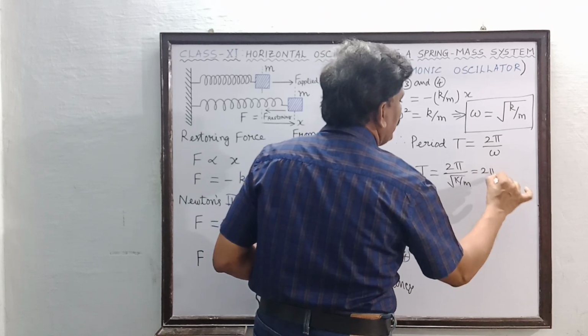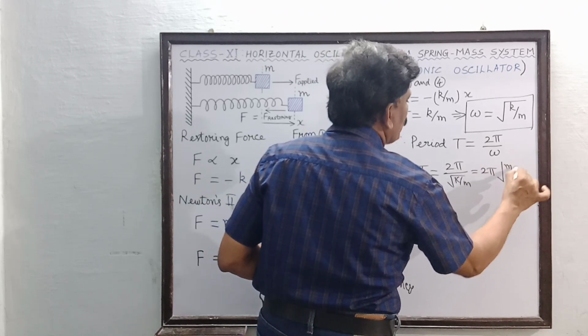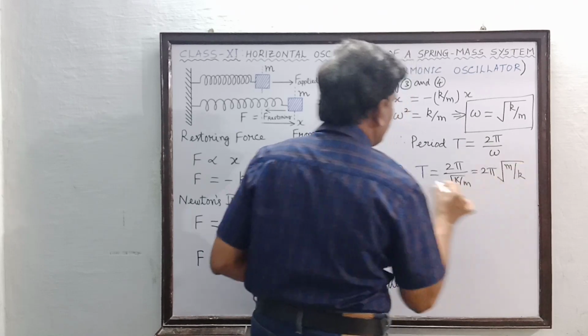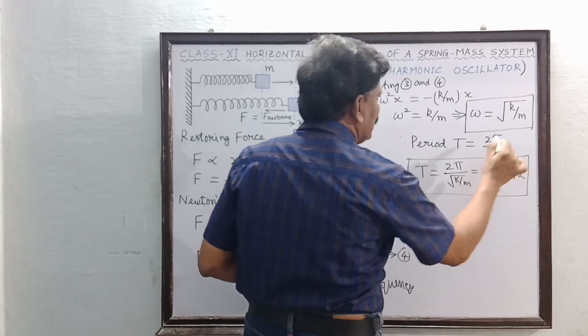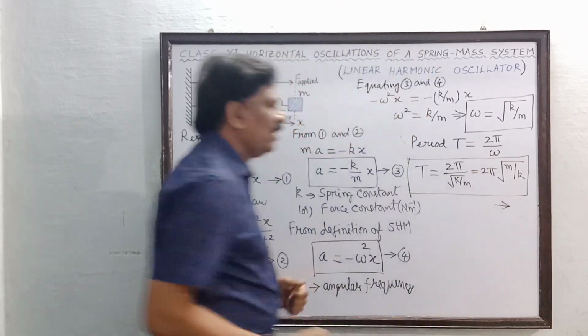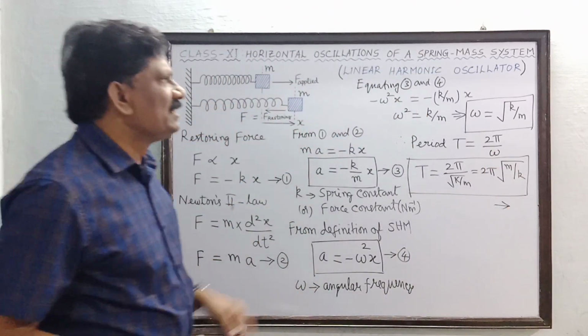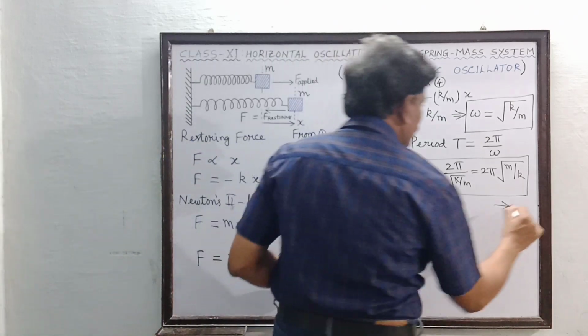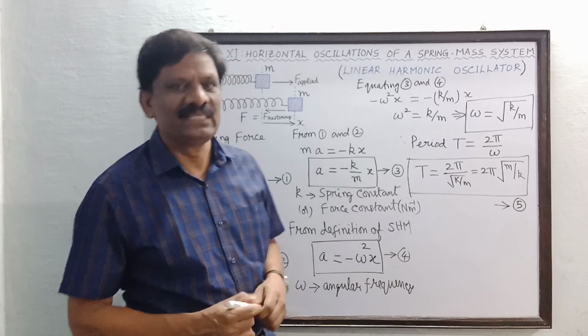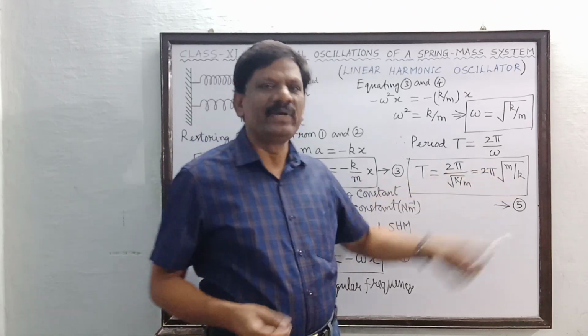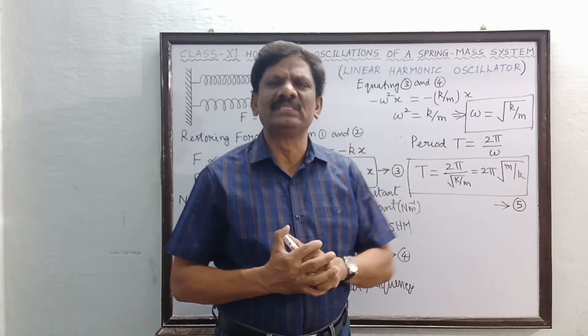This is also equal to 2 pi into square root of m by k. So this is the expression for the period of oscillation of the spring mass system, and this is equation 5. Understand that? So T equal to 2 pi root m by k, very important equation.